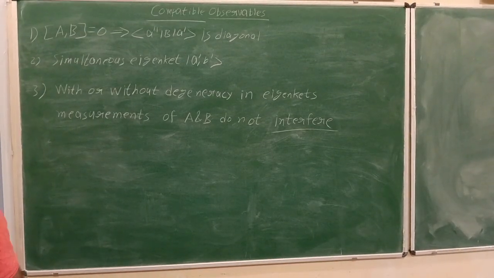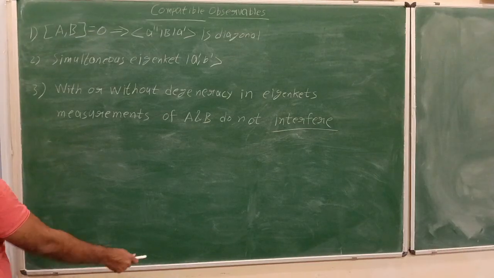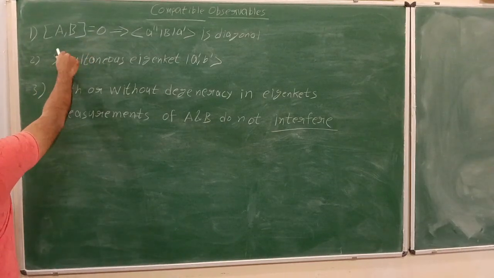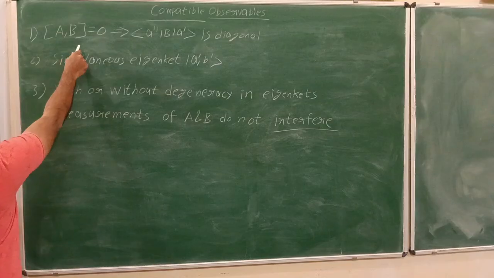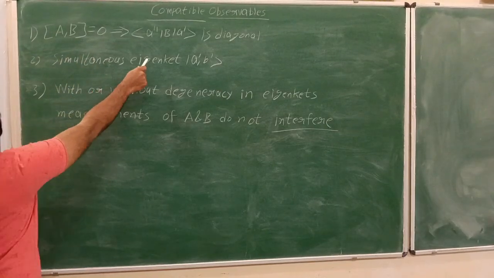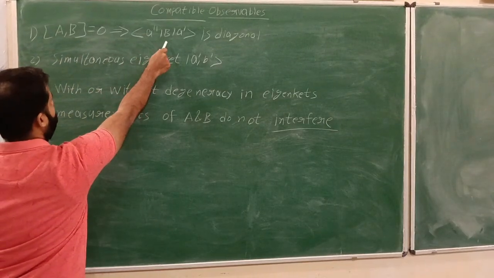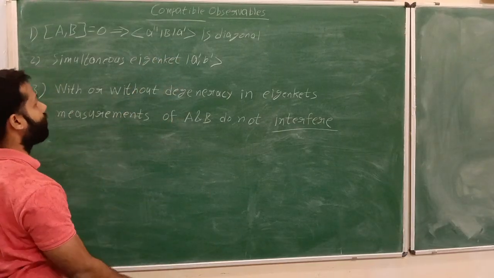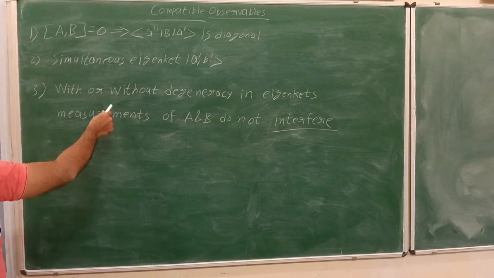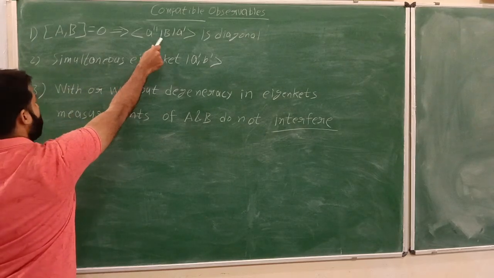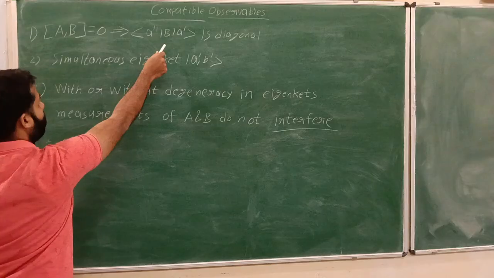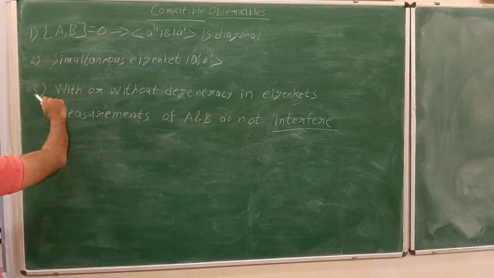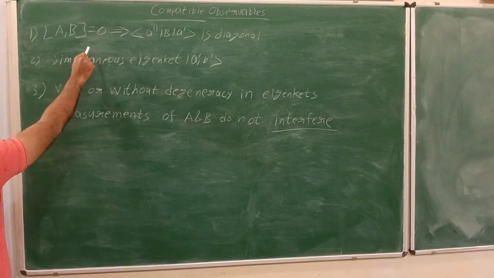Right, so this is what we learned: if observables A and B are compatible with each other, that means their commutator is 0. That means the matrix of B is completely diagonal, only the diagonal elements will survive. We also learned that operator B can be expressed in the eigenkets of A, so A and B share eigenkets if they are compatible.